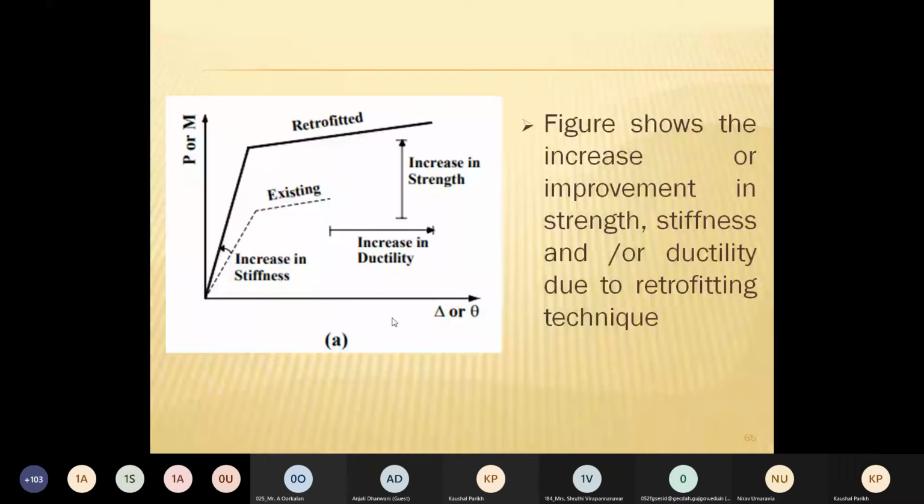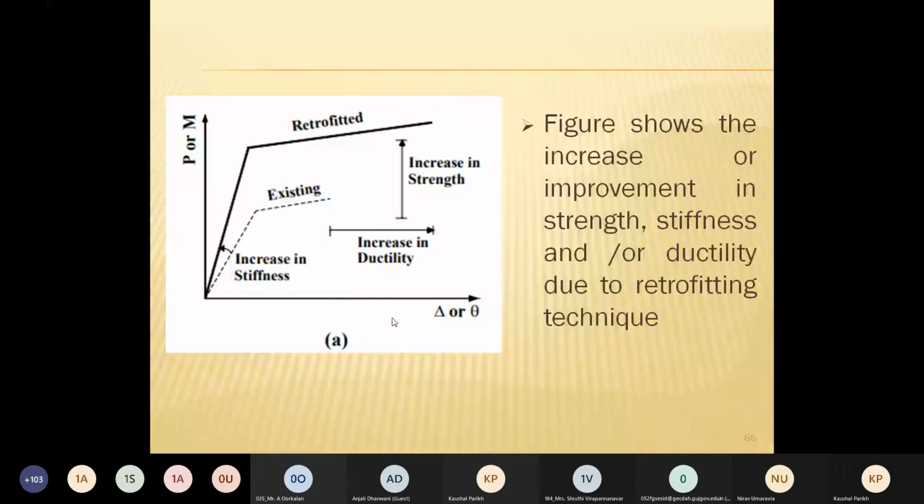It clearly shows the existing structure and its displacement, and the retrofitted structure and its displacement versus load carrying capacity. You can see a drastic increase in strength after the retrofitting technique. There is also an increase in ductility because of the application of retrofitting, and an increase in stiffness can be observed.